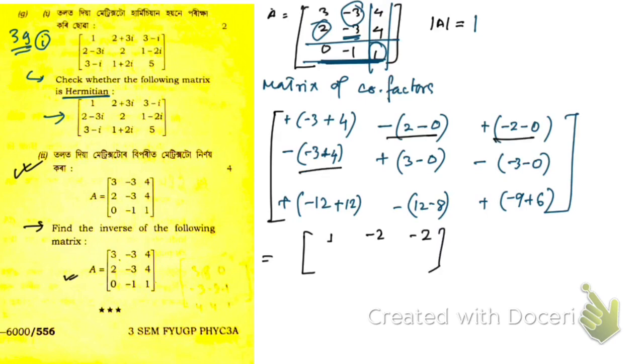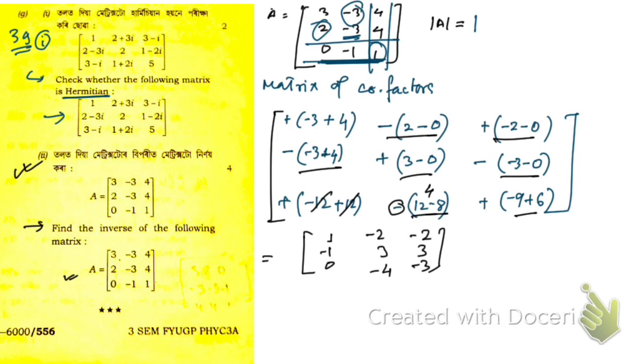Now here we're going to have +1, then here we have minus, so it's going to be -1, then 3, then -3, that's going to be +3, and the last row, here you see +12 -12, 0, then -4 plus 4, just give me a second. Okay, sorry, here 12 minus 8 is 4, we have minus here, so it's going to be -4. Then -9 plus 6, that's going to be -3. That's what we have got.